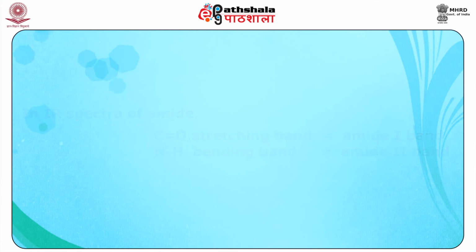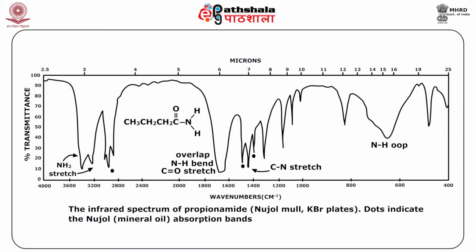and NH bending is called the amide 2 band. In the solid or pure liquid states, primary amides, which are highly hydrogen bonded, exhibit 2 NH stretching bands, one at 3550 cm inverse due to NH asymmetric stretching, and the other at 3180 cm inverse due to NH symmetric stretching.